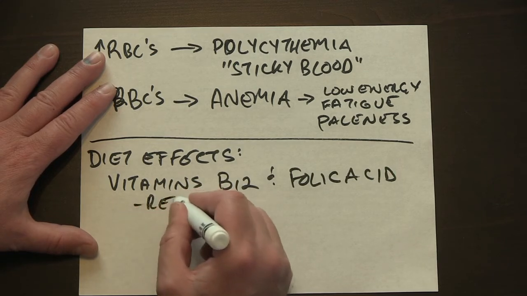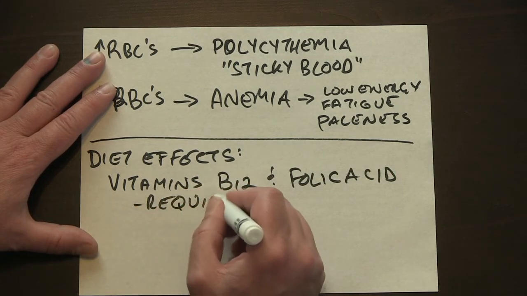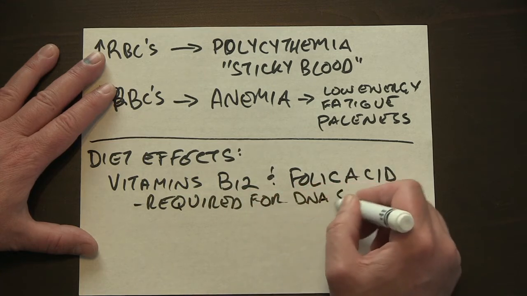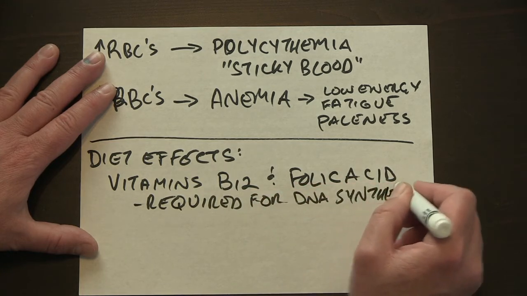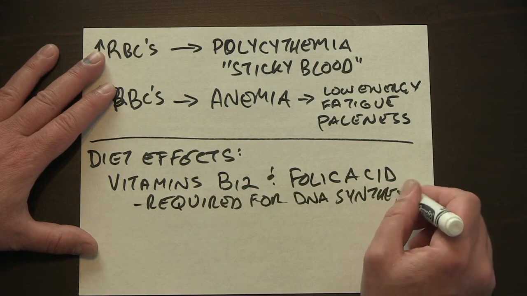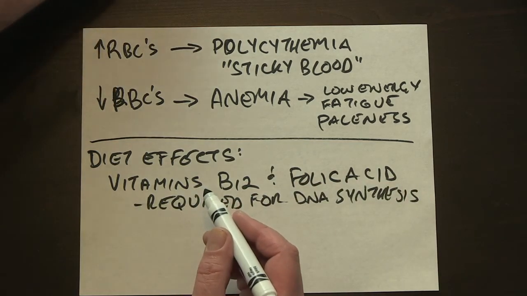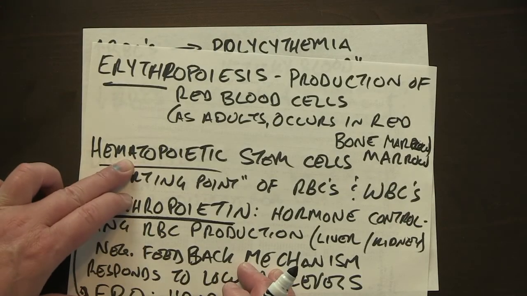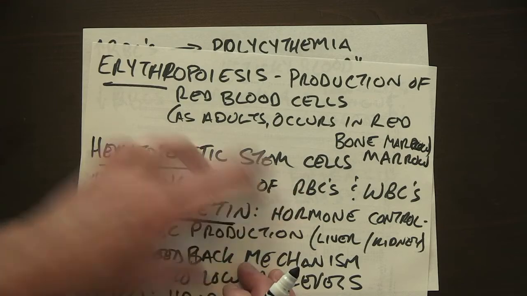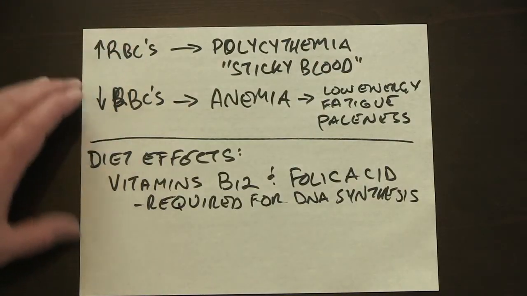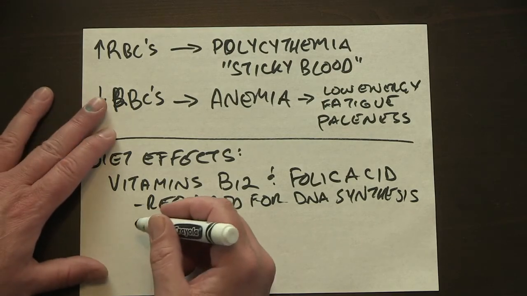This is required to synthesize DNA. So if you don't have this, the hematopoietic stem cells are unable to divide and produce new red blood cells, so you run out of red blood cells. Or not run out, but get low.